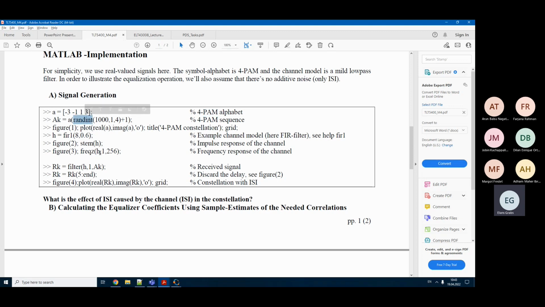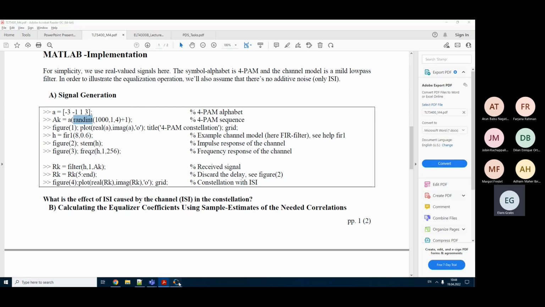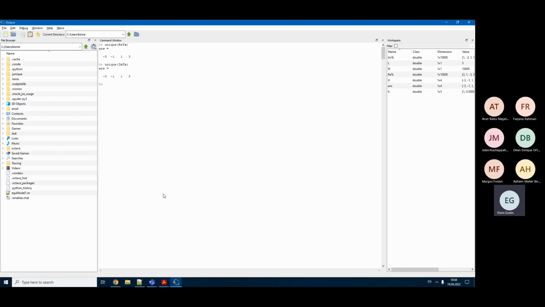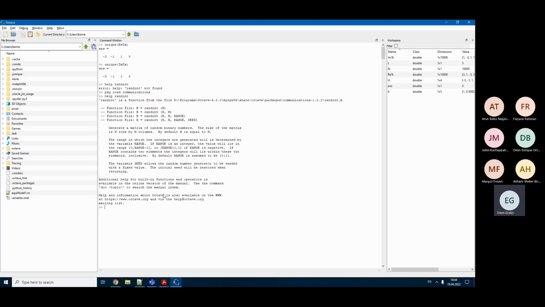The only thing is that here it's proposed to use the randint function. Let's check if it is available in Octave. Help randint not found. Package load communications. Maybe it is a part of this package.